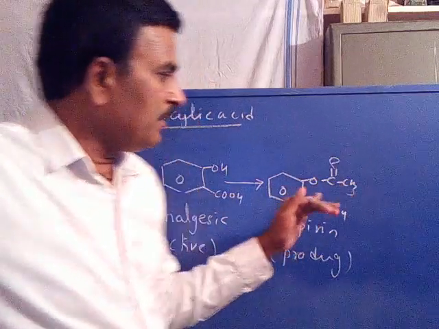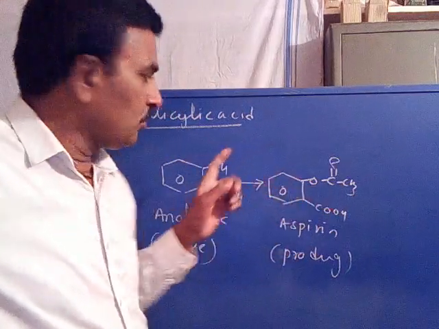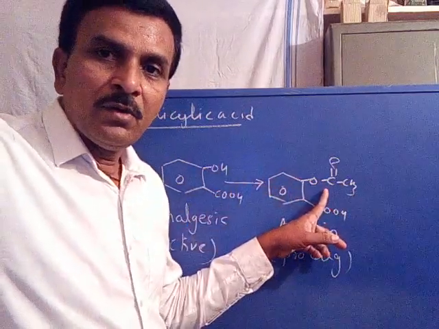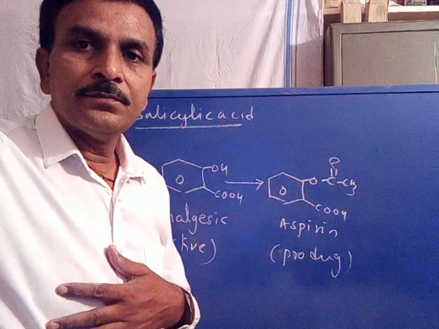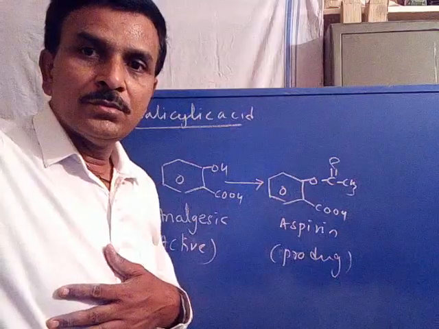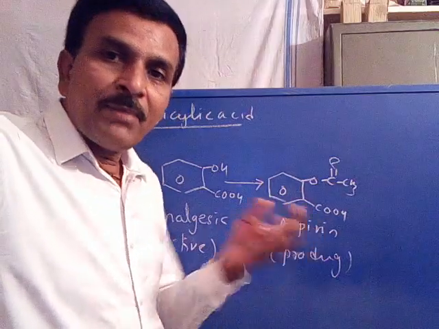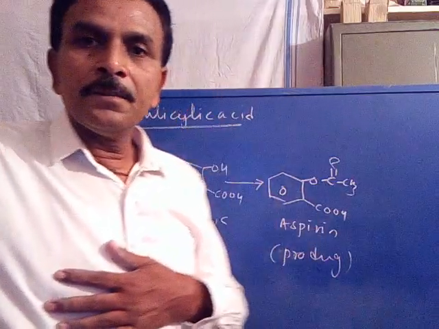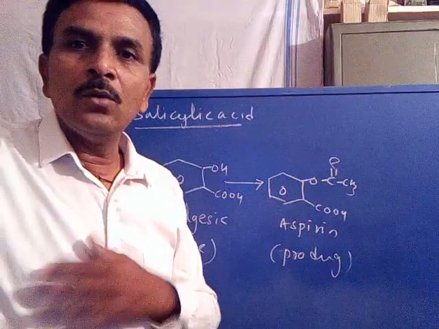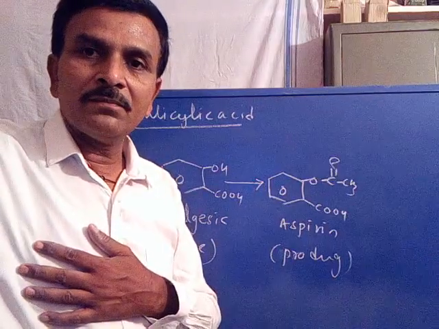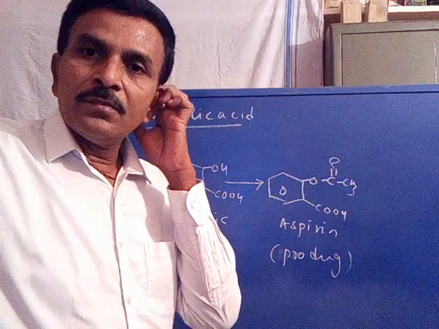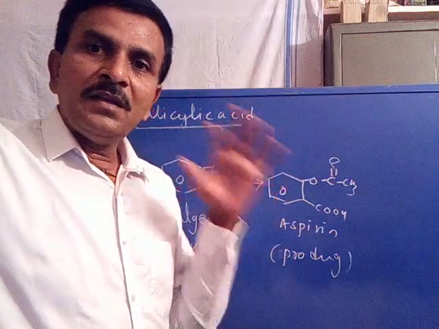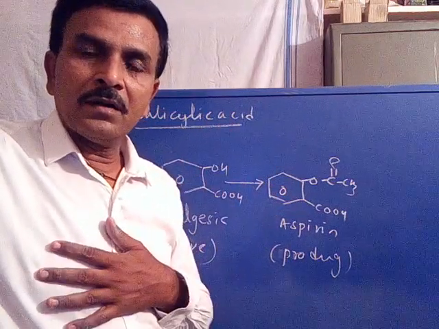Now, when we protect its OH group with an acetyl group to get aspirin, its acidic nature is reduced. So when aspirin is applied orally, there is no gastric bleeding, no damage of the epithelial layer. Is it clear? Then, a doubt: if it is inactive, then how will it work?